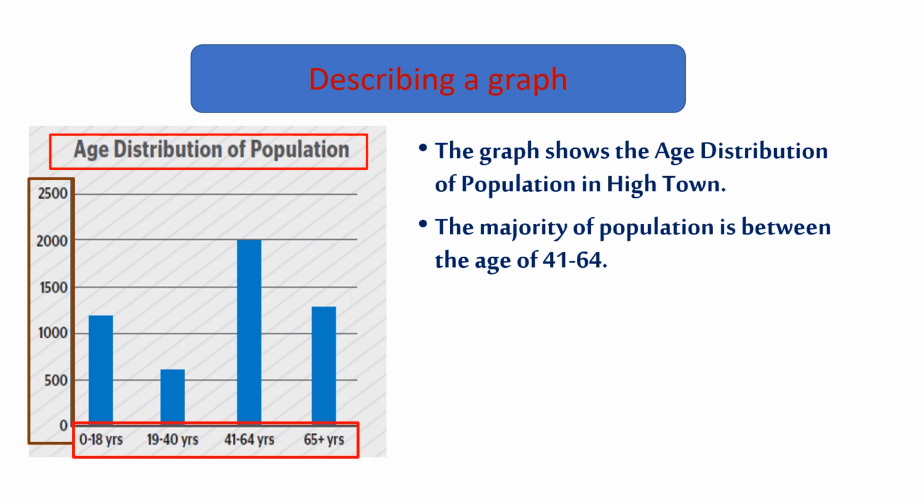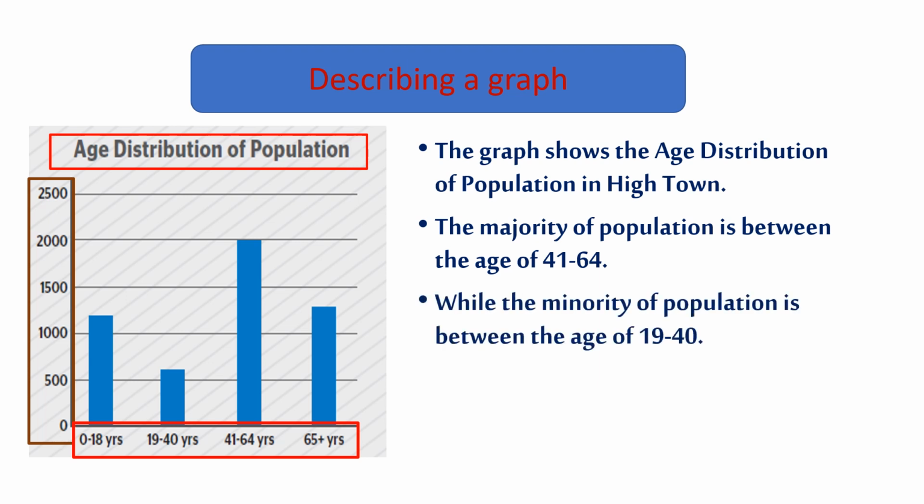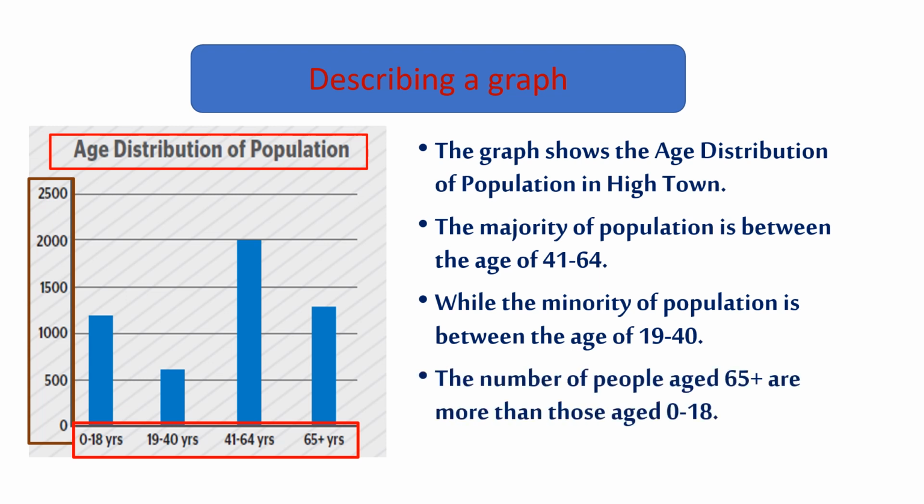The majority of population is between the age of 41 to 64, while the minority of population is between the age of 19 to 40. The number of people aged 65 and more are more than those aged 18 and less.